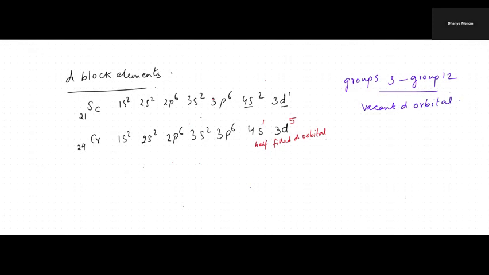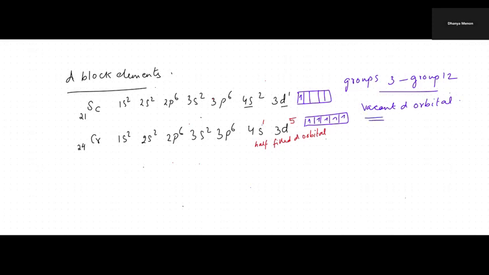For example, scandium, 3, 4, 5, they have vacant d orbitals. Or chromium, 1, 2, 3, 4, 5. Vacant means at least they have space for more electrons to come in. That's the meaning of vacant we are referring to here.